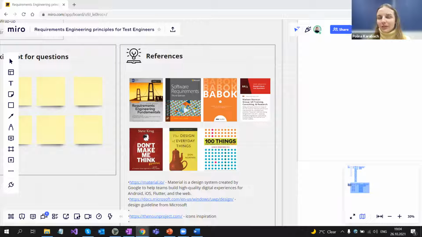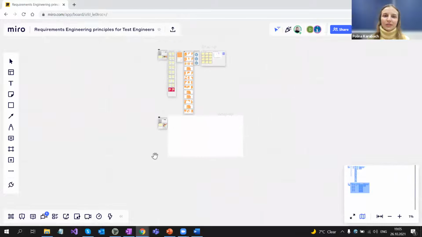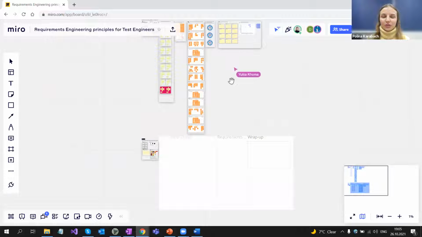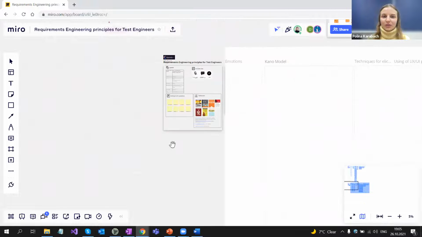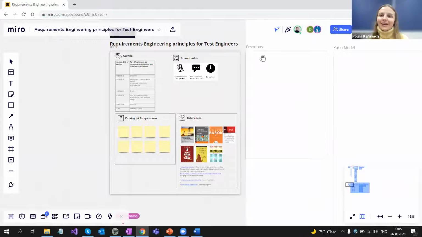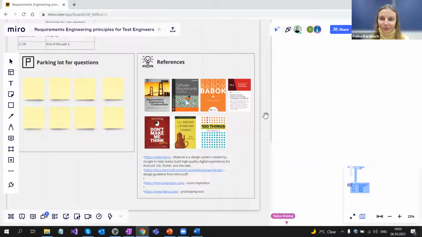Let me know if you have any difficulties with doing so. So if you enter it, again, by scrolling, you would see the entire structure of our trainings, and you should hover a bit down. So you will see the open section of the workshop yesterday. And for instance, Julia, you can hover or drag the Miro board a bit lower to see the section of today's session. All right.